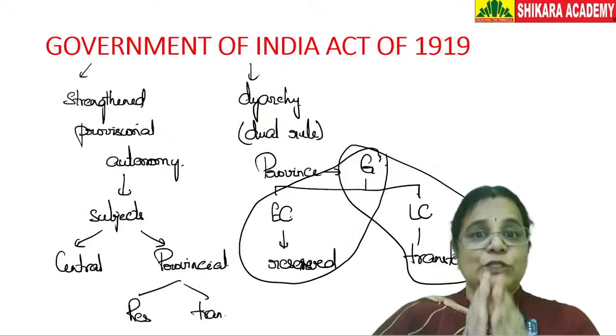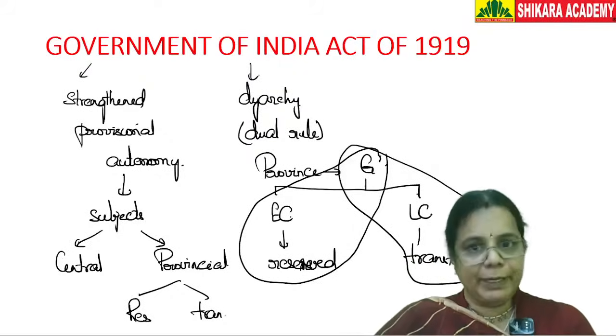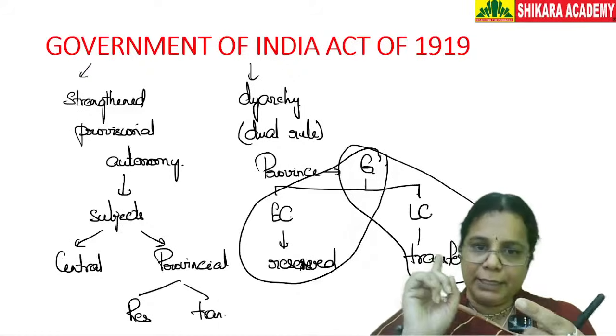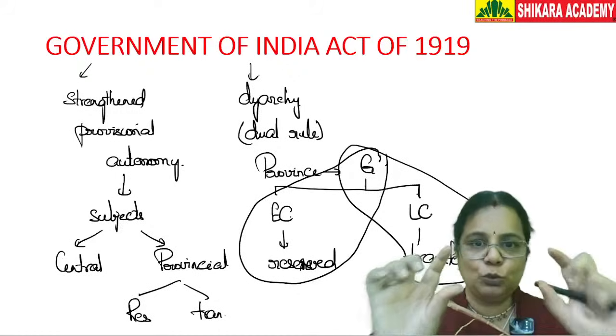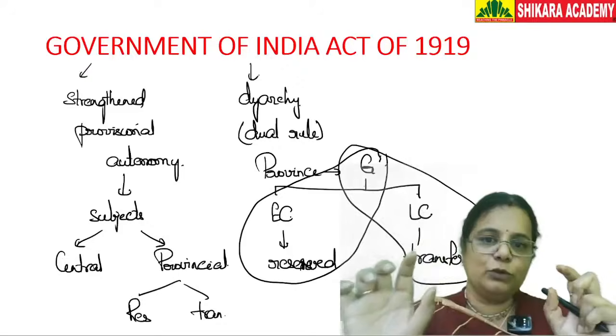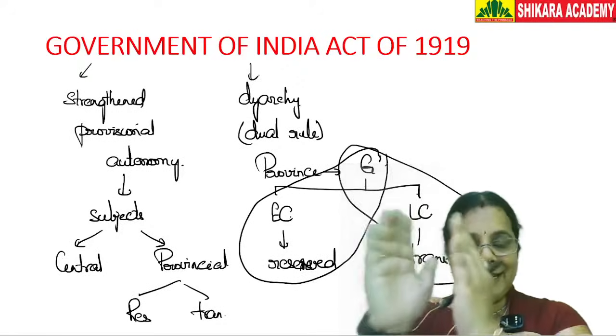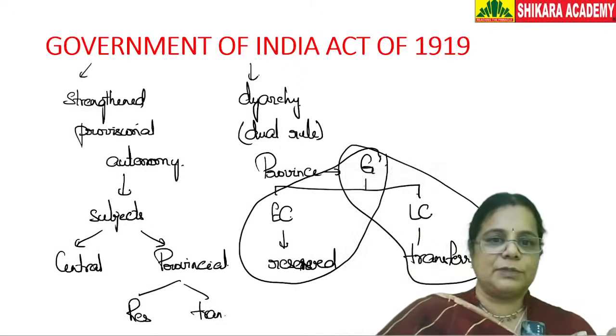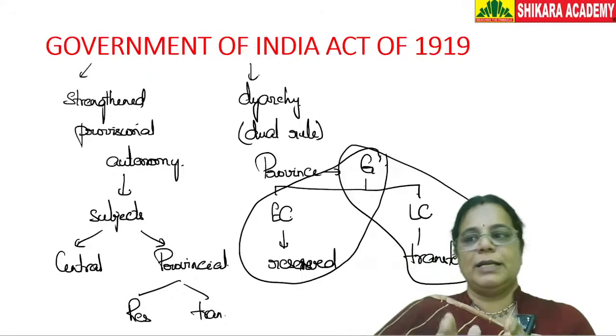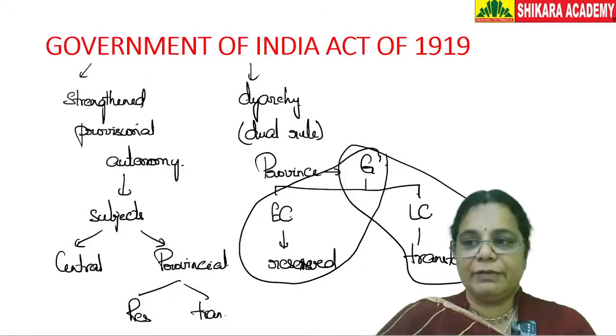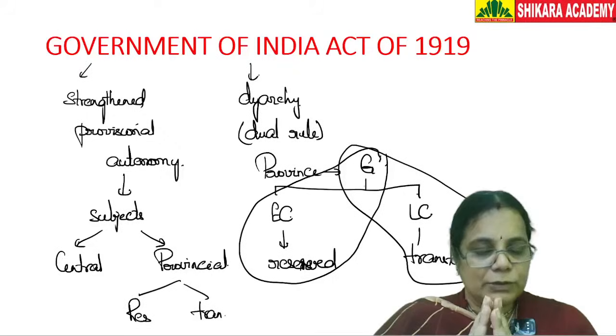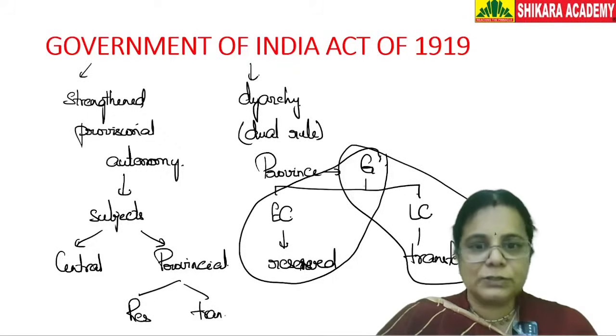This is called dual rule or diarchy. I repeat, it is a single government, it has a single head, but it has two groups. The head with one group will act on some subjects, the head with another group will act on other subjects. This arrangement is called diarchy. Diarchy is very, very important. It was introduced at the provincial level, but it was a disastrous failure.